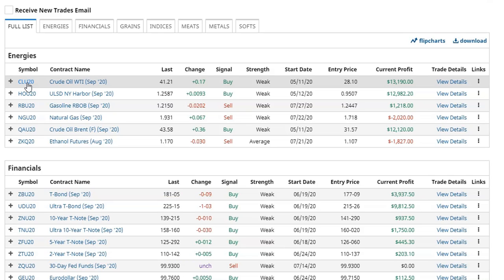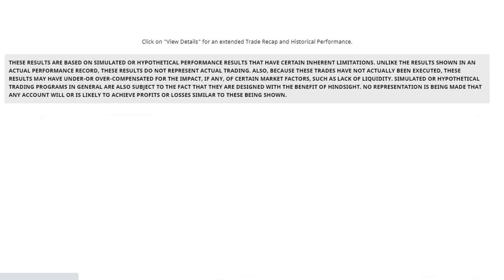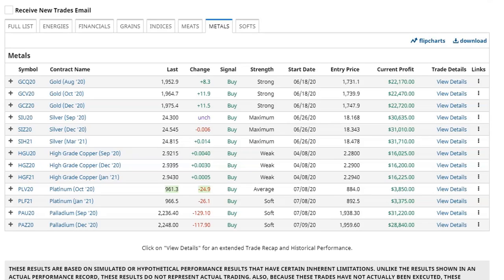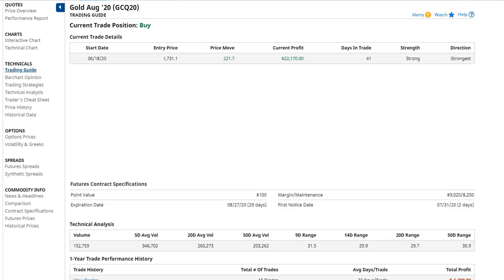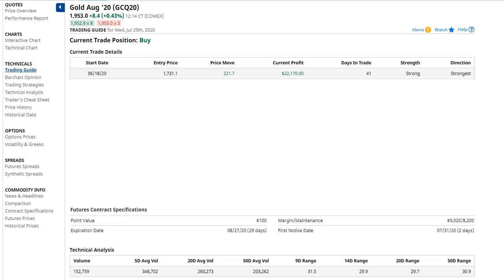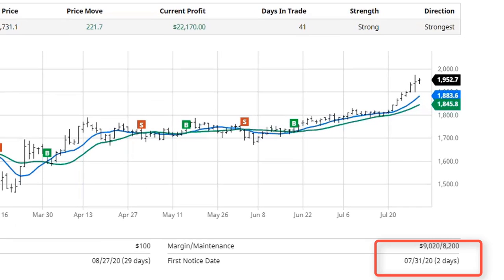Now, for most of us, we're not going to be allowed to hold trades all the way into expiration day. The more critical element for us is something called a rollover. Rollover for most of our markets is based on a liquidity issue, but first notice day is really when we see a rollover.